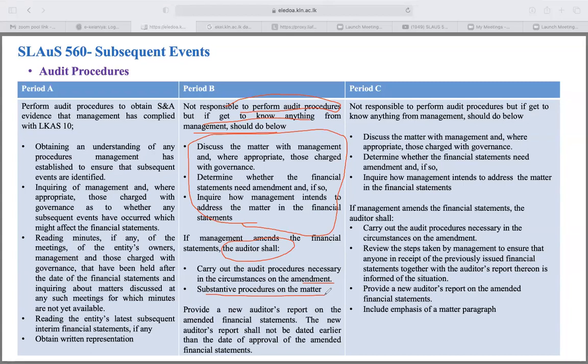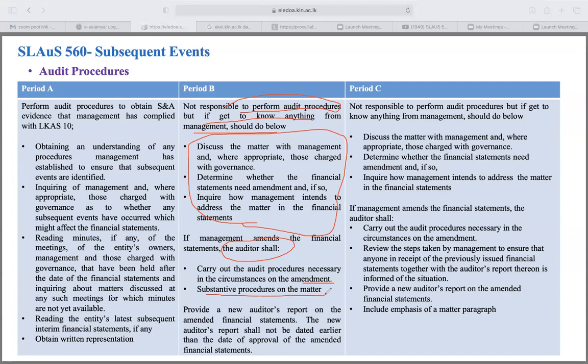That means if, let's say, we audited 1,000 amount of revenue, but with the amendment, the revenue goes up to 2,000. That means the number has changed, right? So we need to carry out additional audit procedures to check whether that balance, 2,000 or the balance 1,000, is okay or not, right? So we need to do the audit procedure.